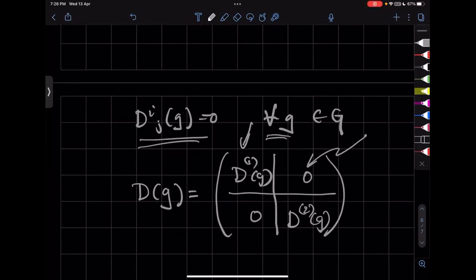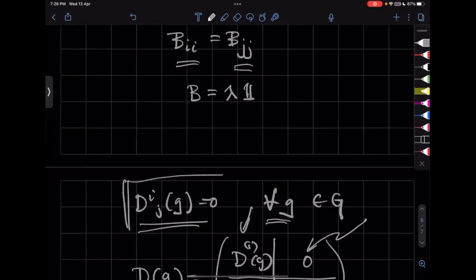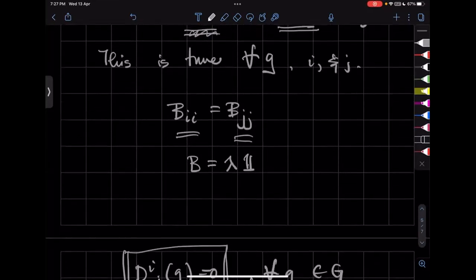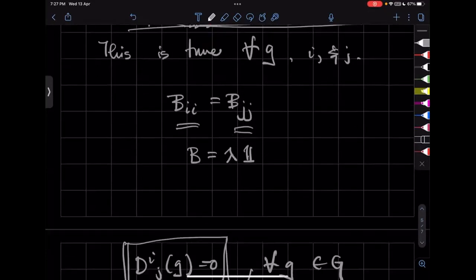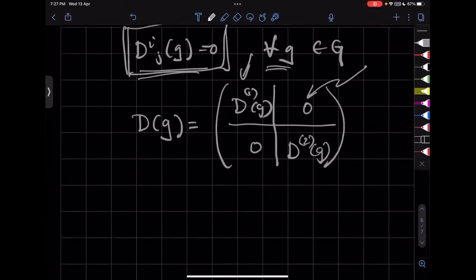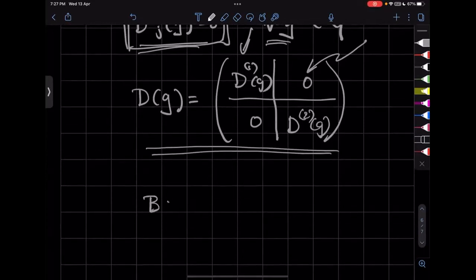So that means that if this was the case, then our initial assumption that we were dealing with an irreducible representation is no longer valid. So for an irreducible representation, for all I, J and g this is valid, meaning that these are non-zero. And that means that B is proportional to the identity matrix. So, for example, when you have a representation which is not irreducible, like this one, the B matrix will have this form.